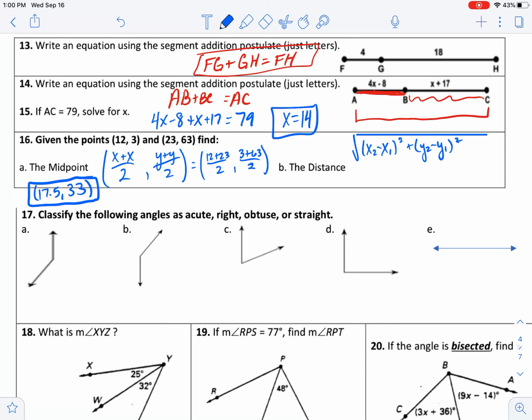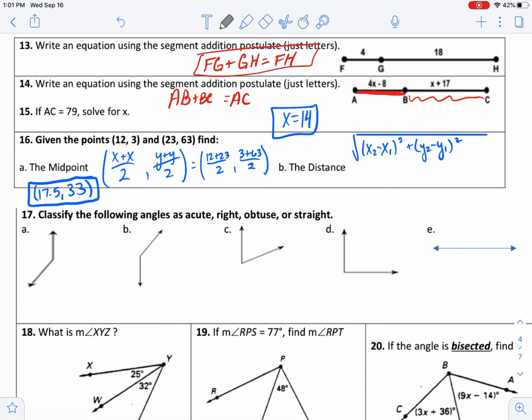And it does not matter what order you choose. I'm going to give myself some more room here. So I could make 12 and 3 my x1, y1, or I could make 23 and 63 my x1 and y1. Really doesn't matter.